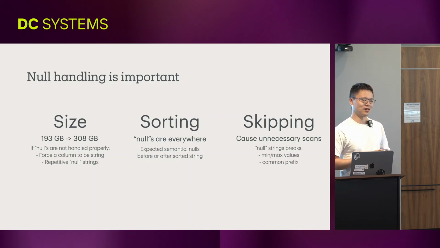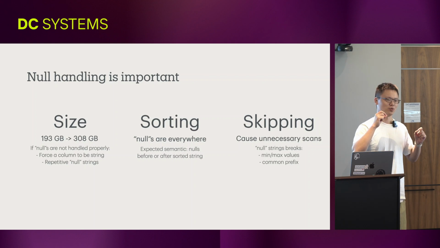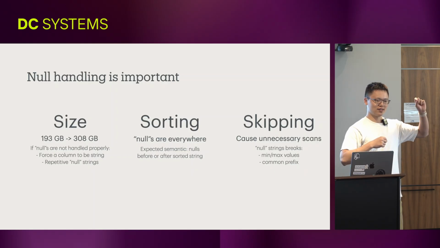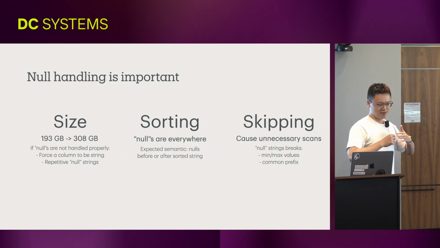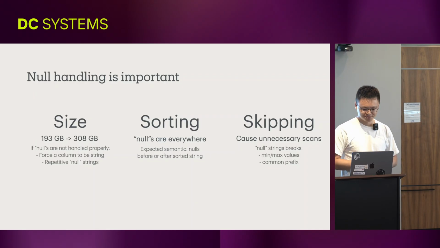In data scan systems like Parquet, we use zone maps. Basically, let's say we want to find the string UW Madison. We look at the minimum string of this column and the max string of this column. If UW Madison is not in this range, then we can skip the entire column of data.